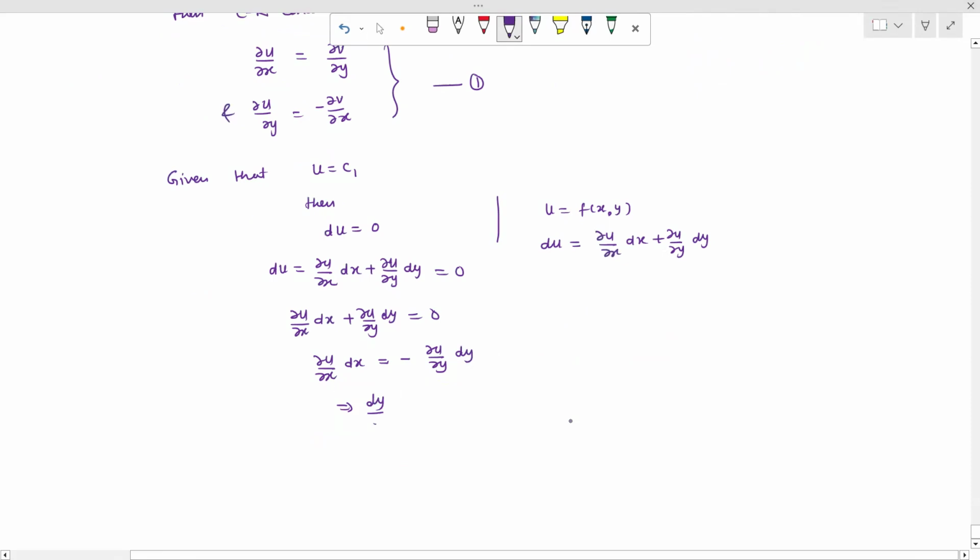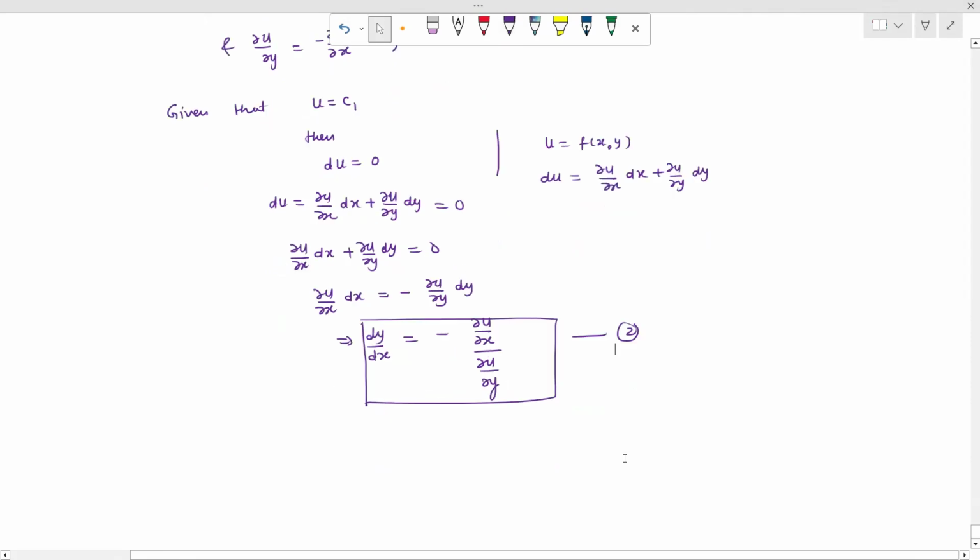So dy upon dx can be written as minus del u upon del x upon del u upon del y. So this is equation number 2, the value of dy by dx.